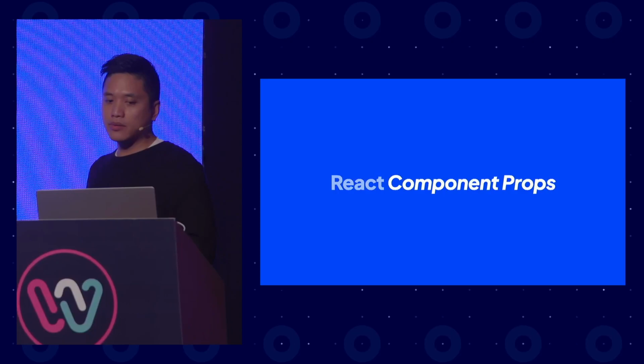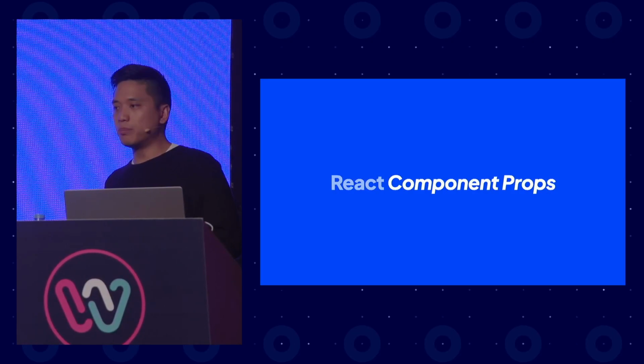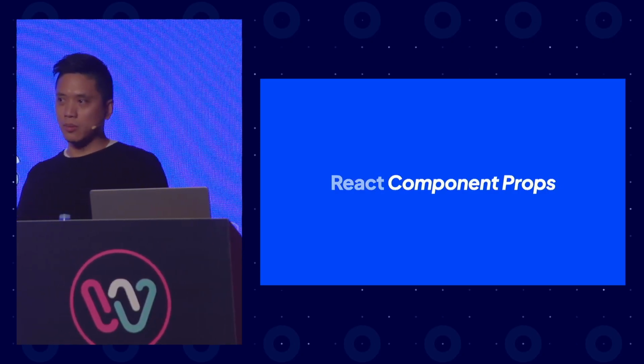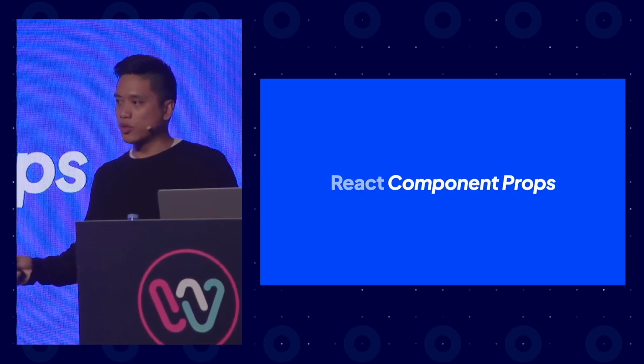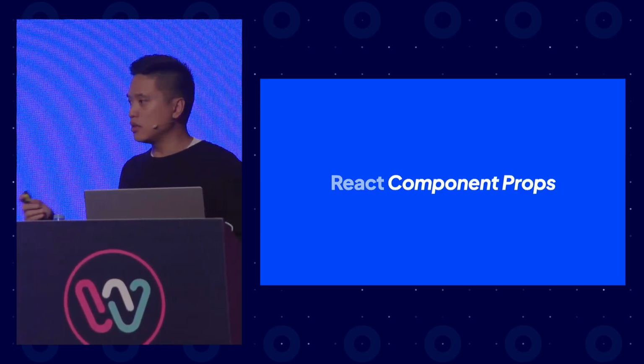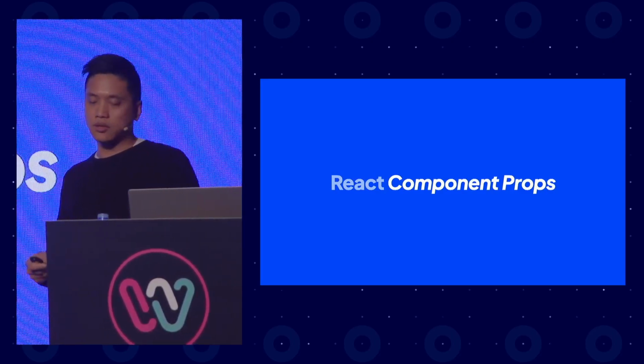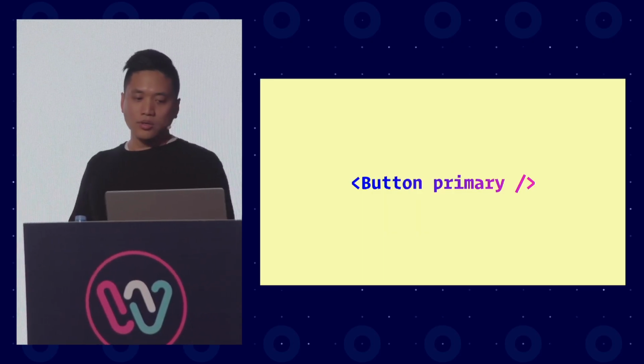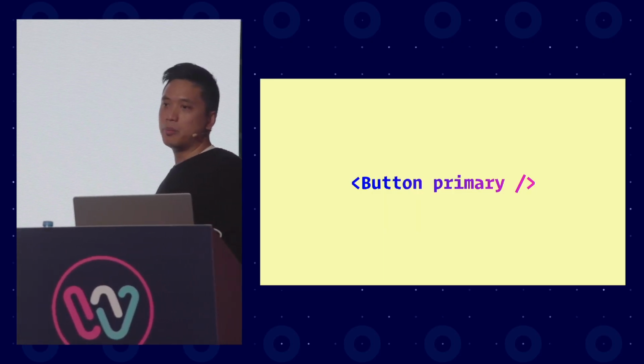Now, let's talk about React component prop patterns. This will be a little bit React focused, but I hope most of us are working with React anyway. And I'm sure there's still a ton of stuff to pick up for any other frameworks. So let's start with the bare Boolean prop.